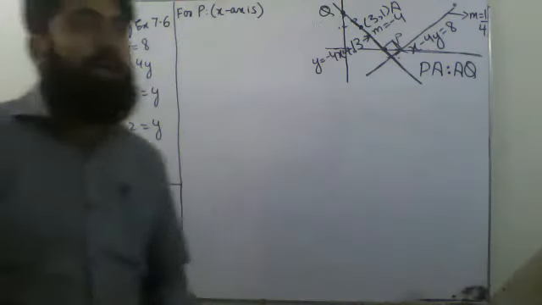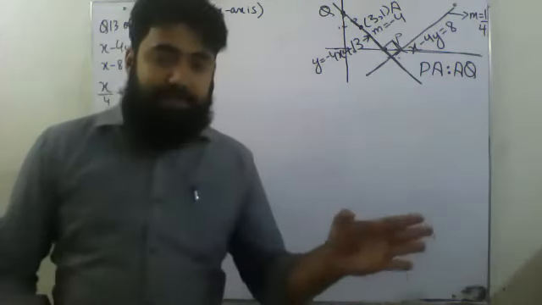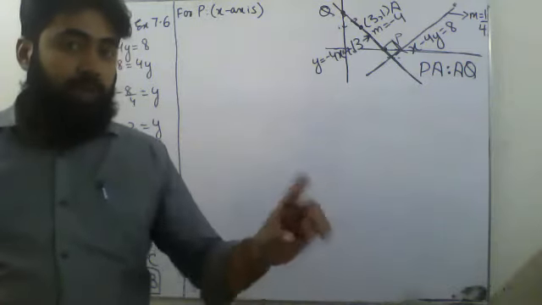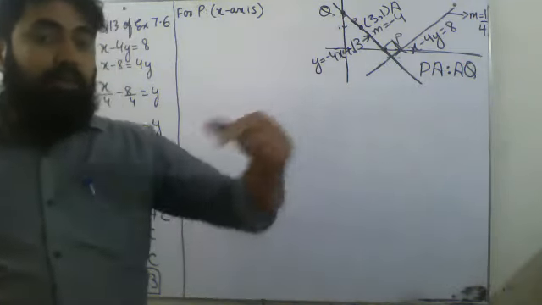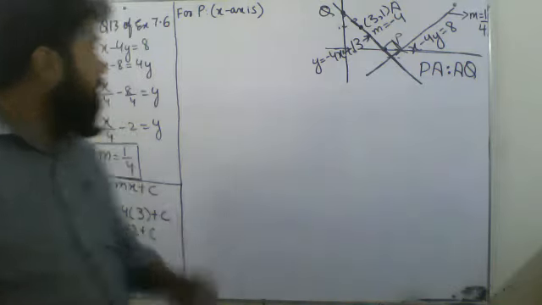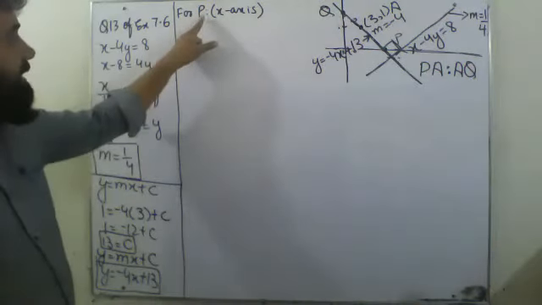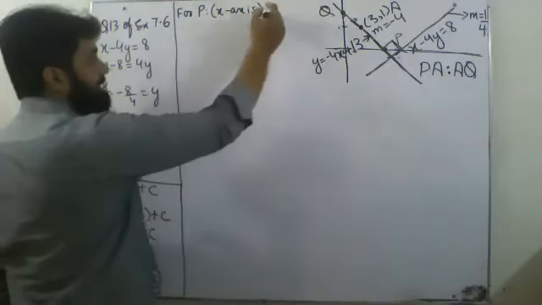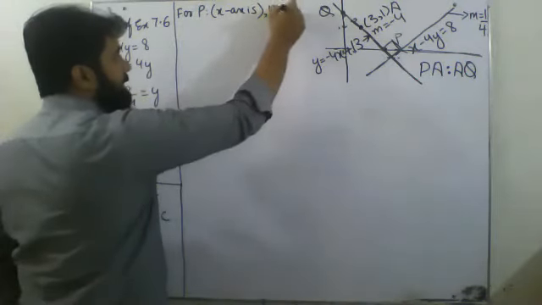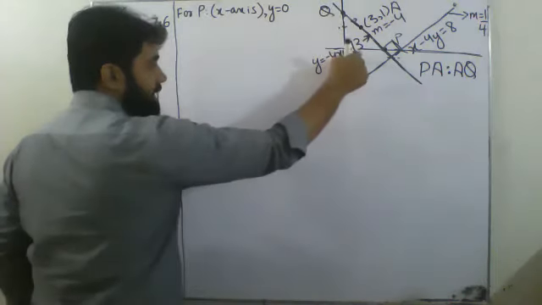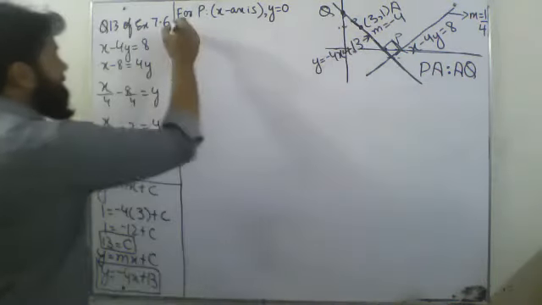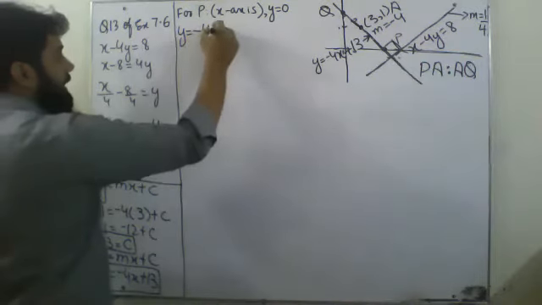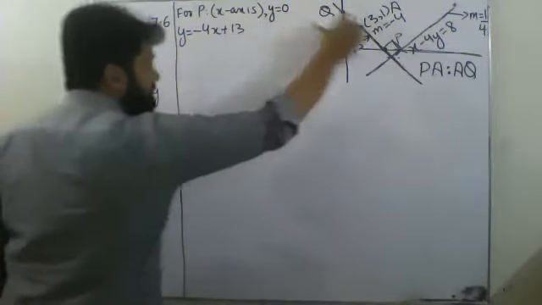Now I have told you guys, if a coordinate is on the x-axis, y is always taken as 0. And if it is on the y-axis, then x will be taken as 0. So over here, P is on the x-axis, which means y will be taken 0 in this equation. When I simplify it, y equals minus 4x plus 13 is the equation of the line.